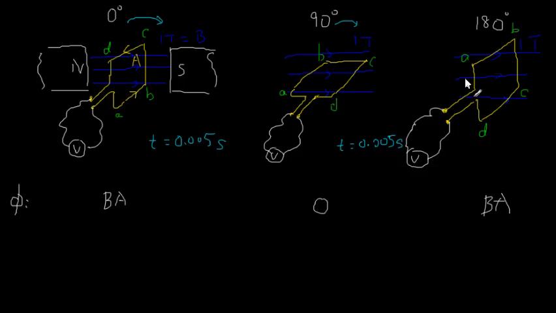So once again, we take our right hand, stretch our right hand, place the palm of our right hand next to the coil, point the thumb in the opposite direction to this field, and wrap the fingers of our right hand around the loop. If you do that, you'll find that the current should flow in this direction.